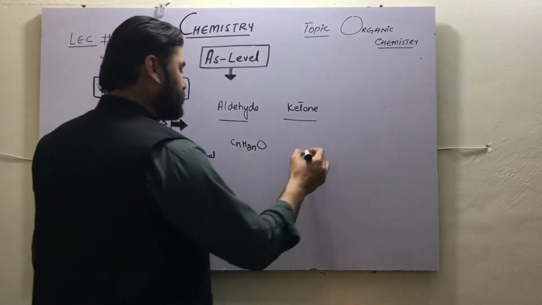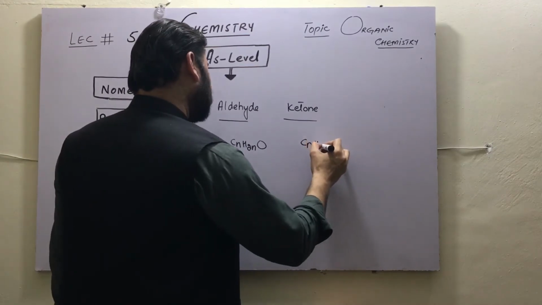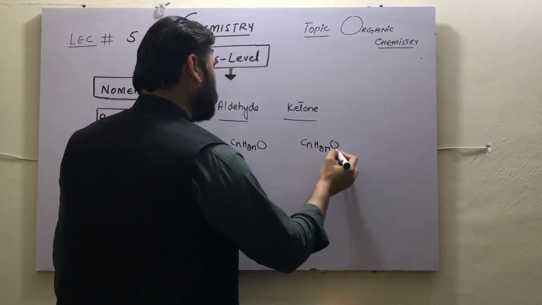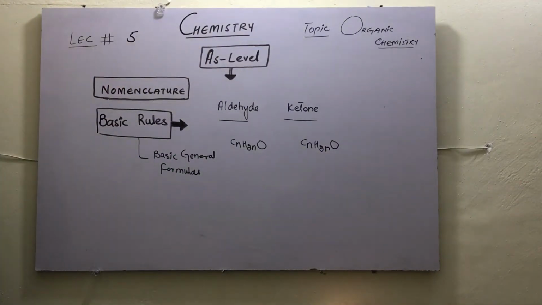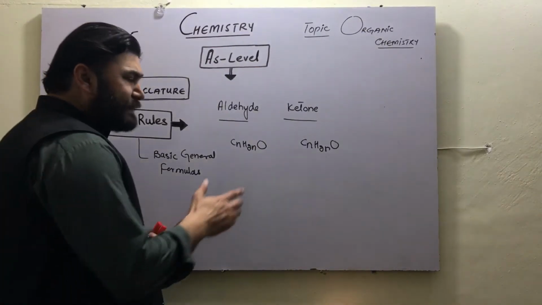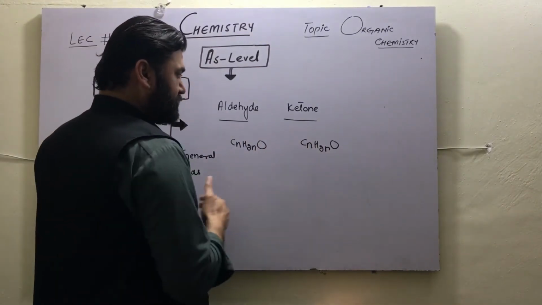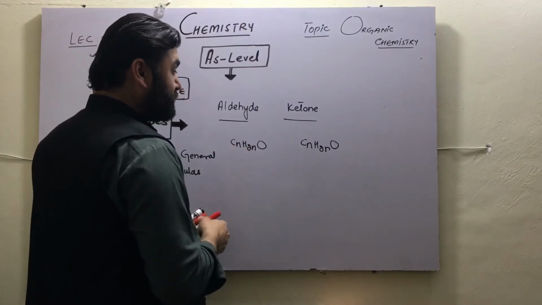And here in the structure formula, CnH2nO, C stands for carbon, H stands for hydrogen. That is the same formula, but there is a difference. The difference is very important because you will get the best idea from this structure. Now, what is the difference?